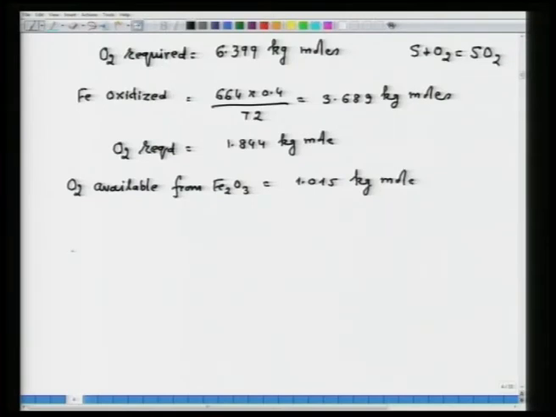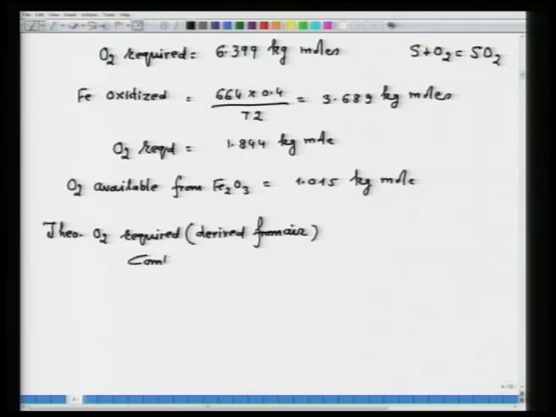Now, theoretical oxygen required, let me put, derived from air, because you have to subtract what Fe2O3 is supplying. So, that will be whatever oxygen required for combustion plus oxidation minus oxygen available.